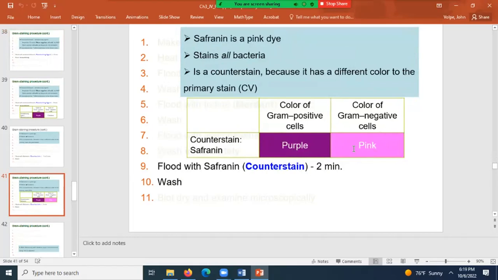It has nothing to do with the gram stain. It all has to do with our eyes. The safranin does get in the cells. However, the pinkish color is a lighter color than the purple, and our human eyes only see the purple. To see the pink, we would have to look at the cell under the electron microscope and blow it up many times.